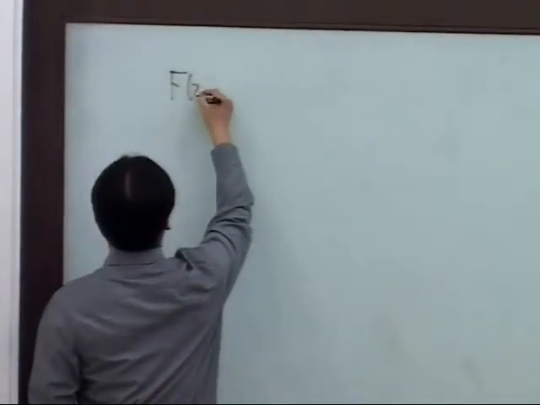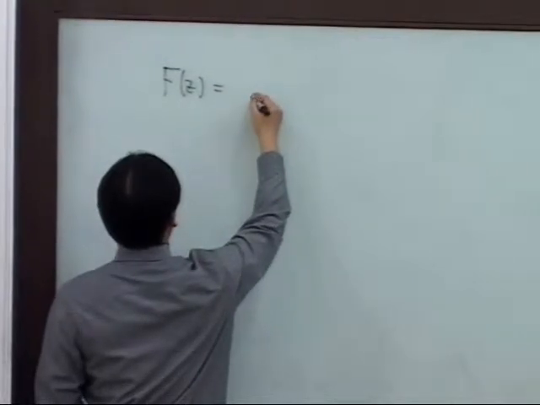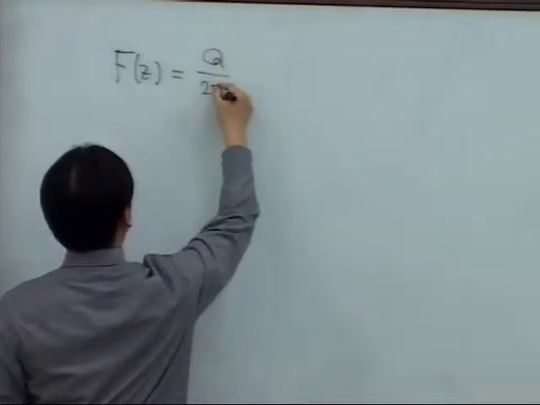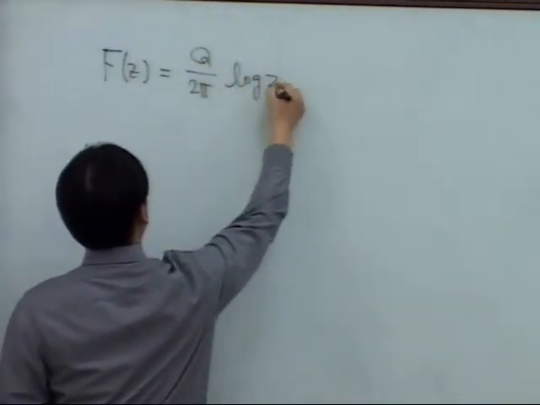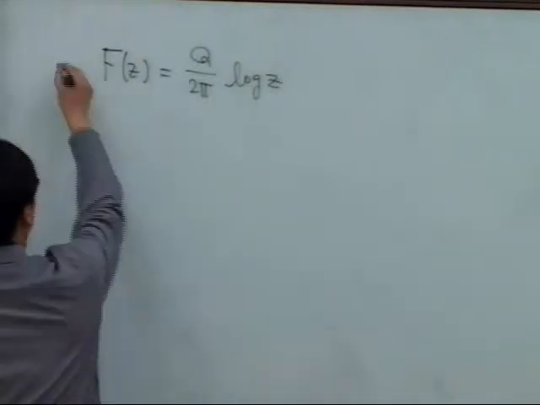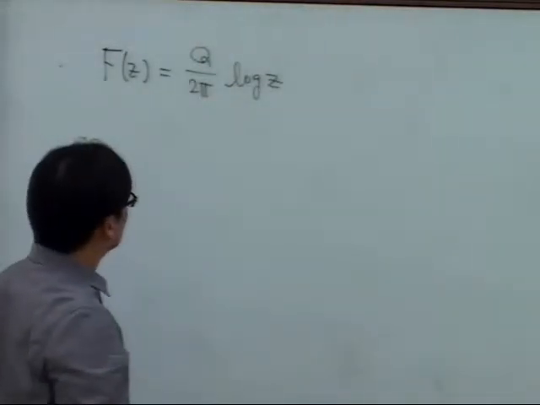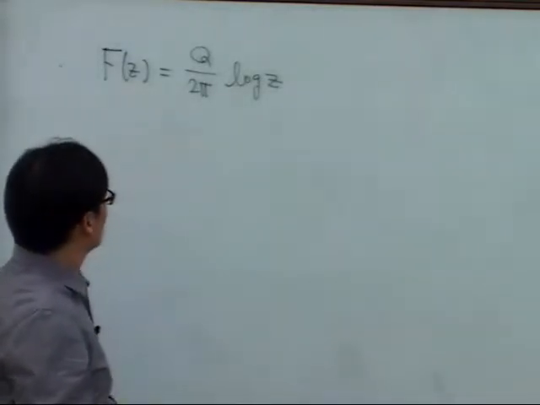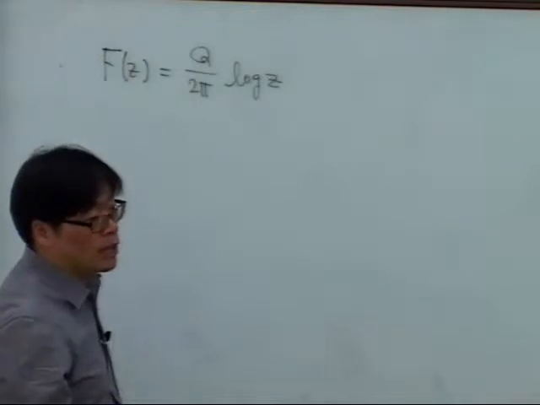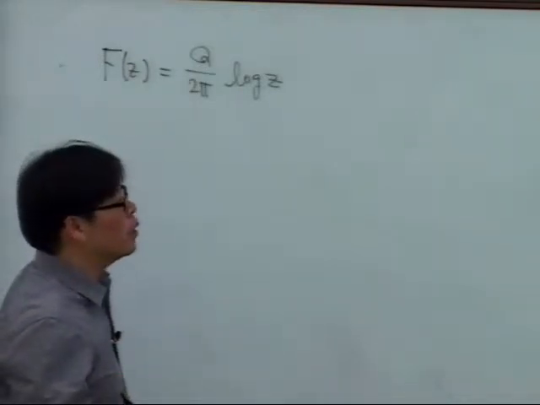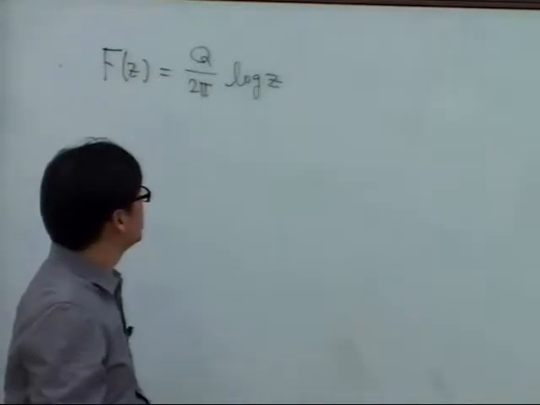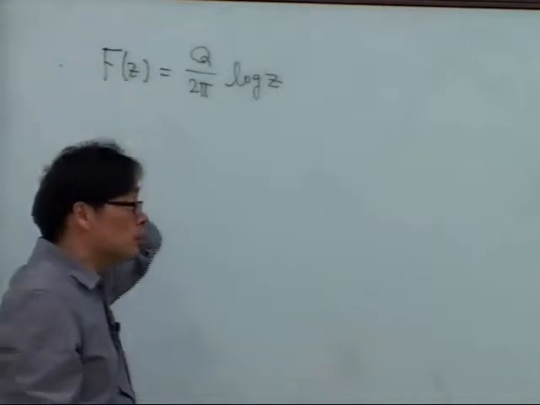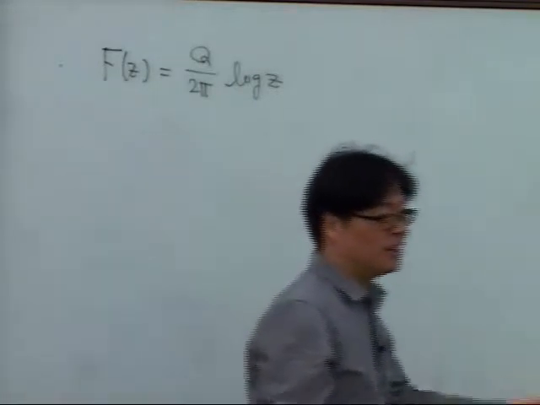Another example is when f(z) is equal to Q over 2 pi log z. So you can imagine this is a complex potential for a source or sink, depending on the sign of Q. We have log r for velocity potential, so that's what we expect. Question?